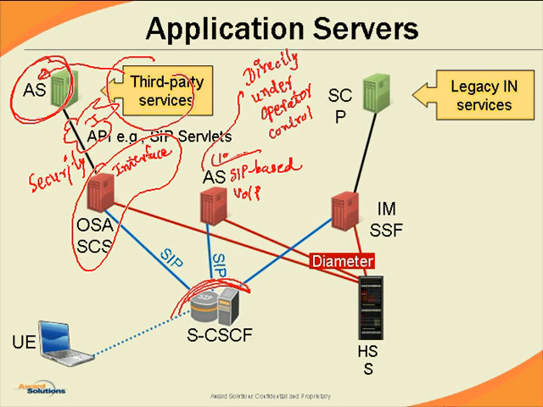And then if you want to provide intelligent network services, for example 800 dialing, etc., then we can use the service switching function for IP multimedia, the service control point, that is to support some legacy service. But for our purpose, this is the one we are interested in. We would have some application server that would be supporting voice over IP and related services.